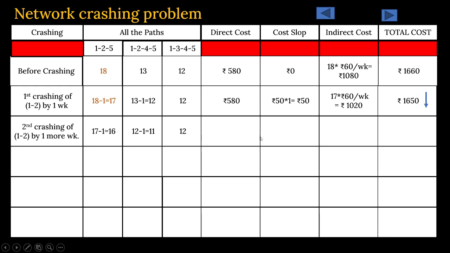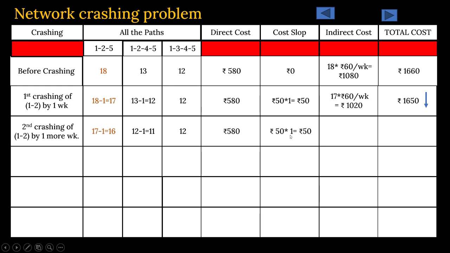Then what will be the cost? You can see that direct cost will be 580 as usual. Here again you are reducing it by 1 day, 1 week. The cost slope is saying that to crash it by 1 week you have to invest rupees 50.